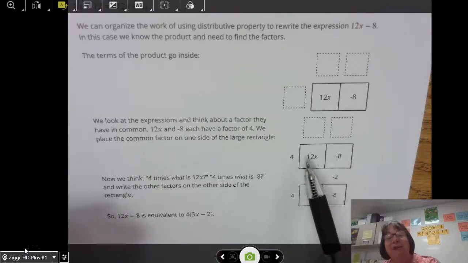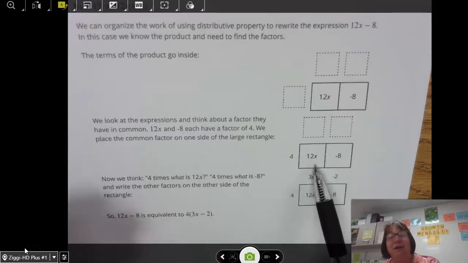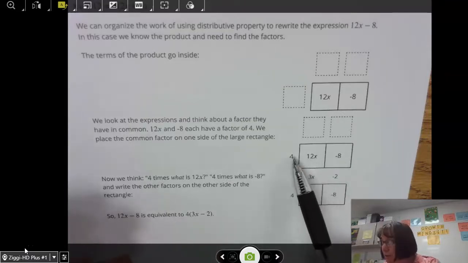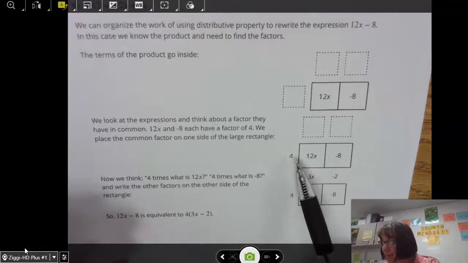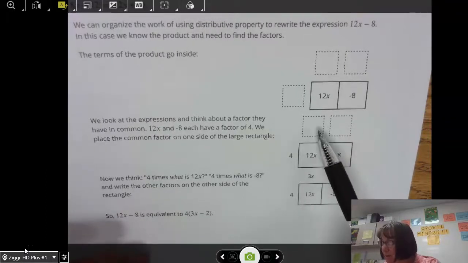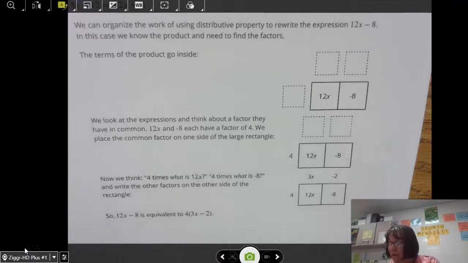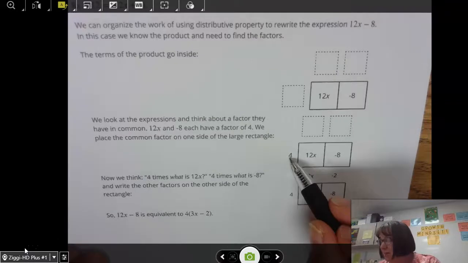What can I divide both 12 and 8 by evenly? Well, the number would be 4. So I bring the 4 to the outside, and then we divide. So 12x divided by 4 would give me 3x. And negative 8 divided by 4 is negative 2. Or you can think, what times 4 gives me 12?